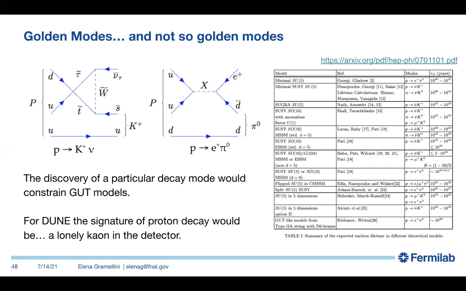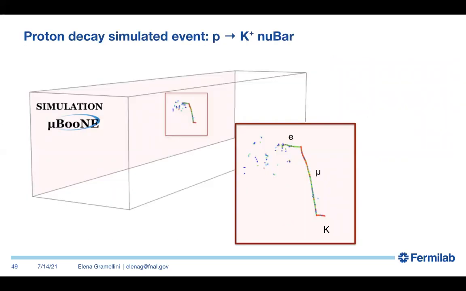So first of all, what is the signature? For big liquid argon time projection chambers, the signature is just a kaon in the detector. If your proton decays into a kaon and a neutrino going out, you have just one neutrino, and the probability that it interacts is extremely small.